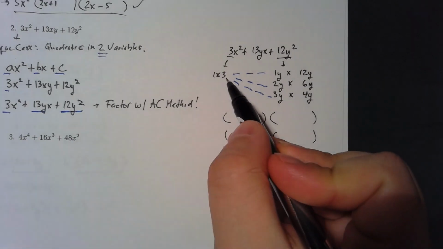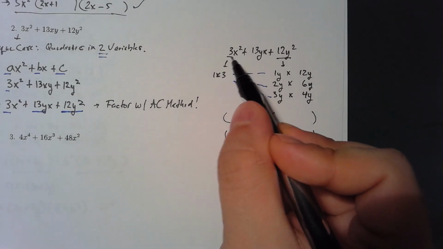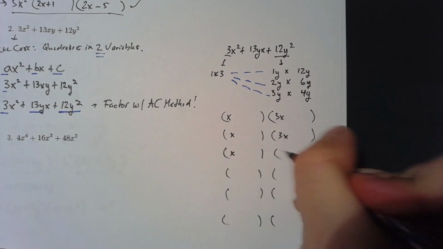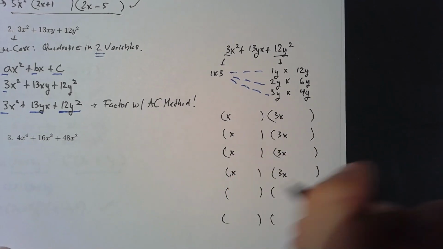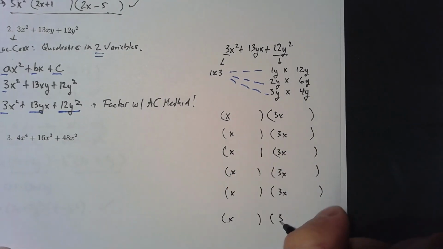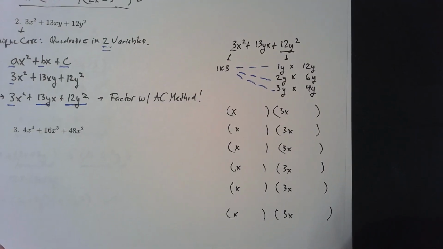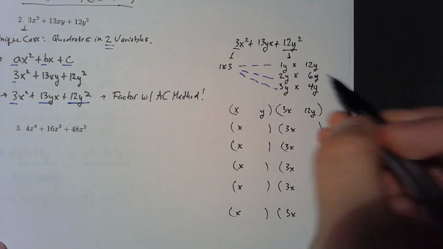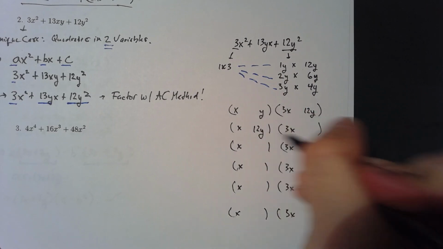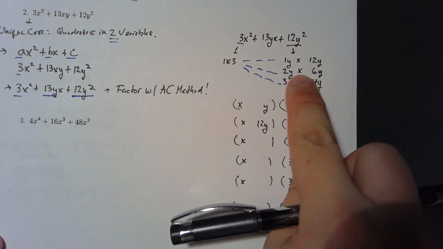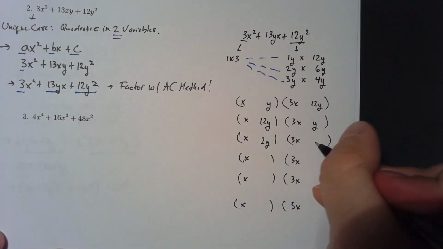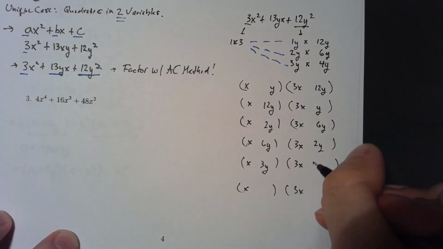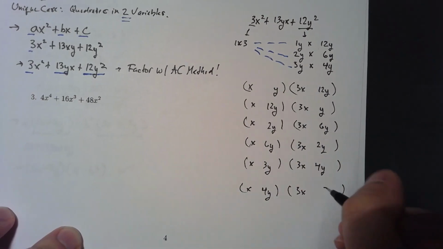So I have a 1 and a 3 here, so that's going to be x and 3x for the 3x squared. x, 3x, and that's the case in all 6 of them. y, 12y, 12y, and y. So you just flip them. Next case, 2y, 6y, 6y, 2y, 3y, 4y, 4y, 3y.